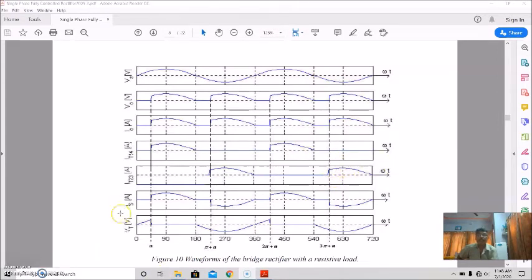If we combine them, it will be the source current like this. And this is the voltage across the thyristor. This is the forward voltage before firing. After firing, when the thyristor is in conduction mode, the voltage drop is almost 0.